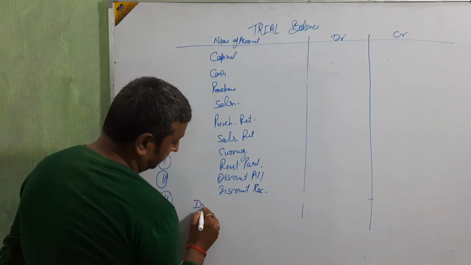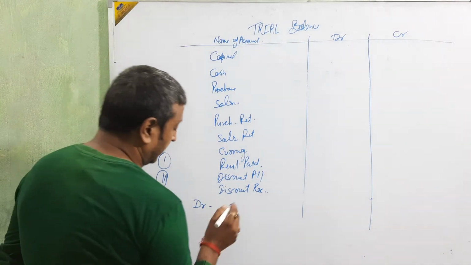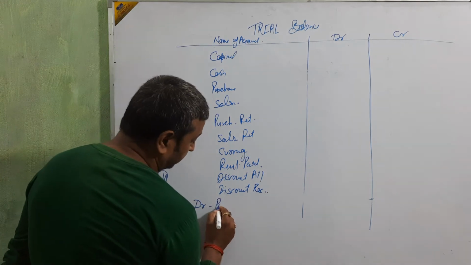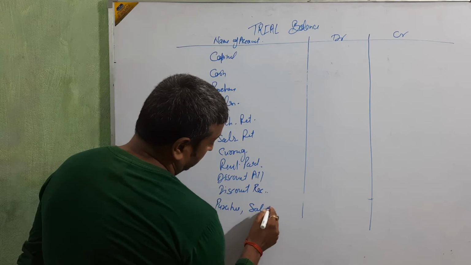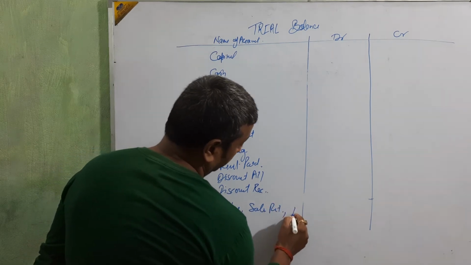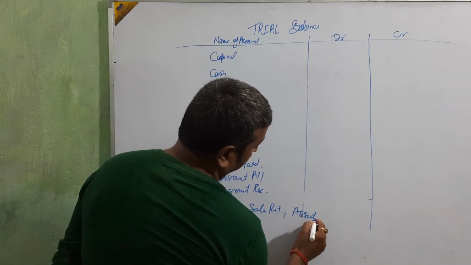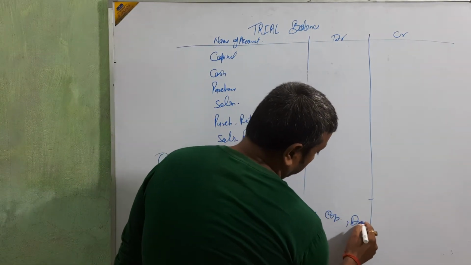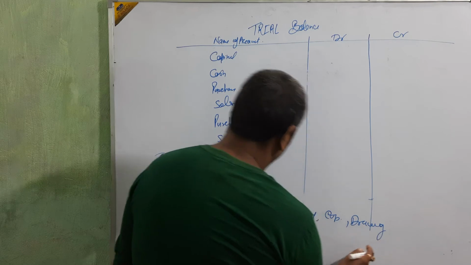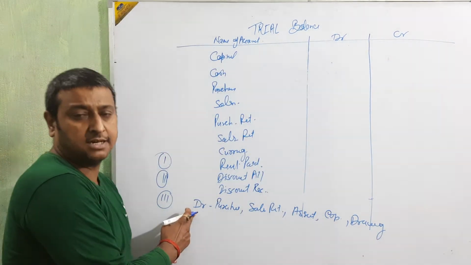In the debit head, we use purchase, sales return, all types of assets, beta, expenses and drawing. These balances are always debit.